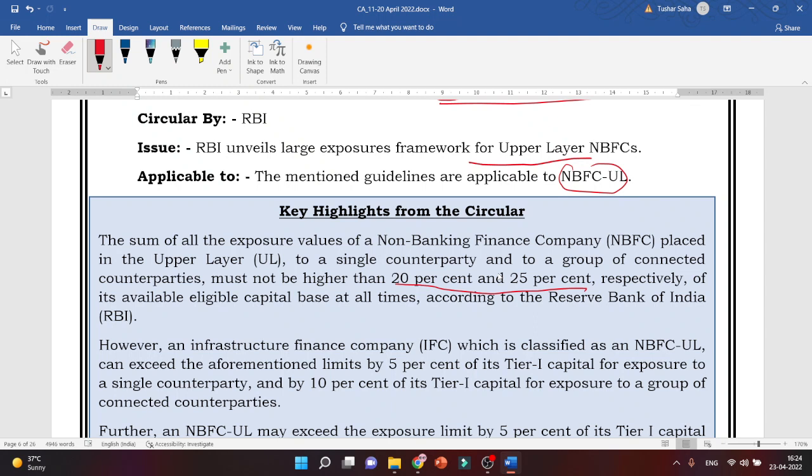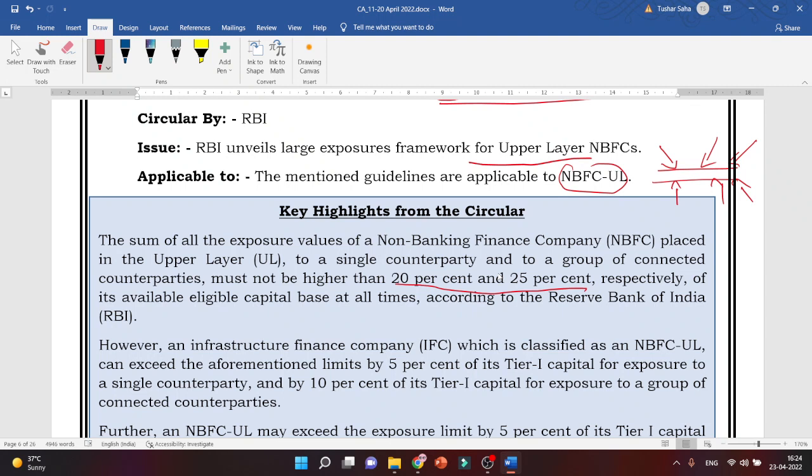For example, let's say a bridge is being built, right? So there are multiple companies involved. One would provide the raw material, the other would provide the cement, the other would provide the capital goods. For example, the capital, let me not use the word capital here.